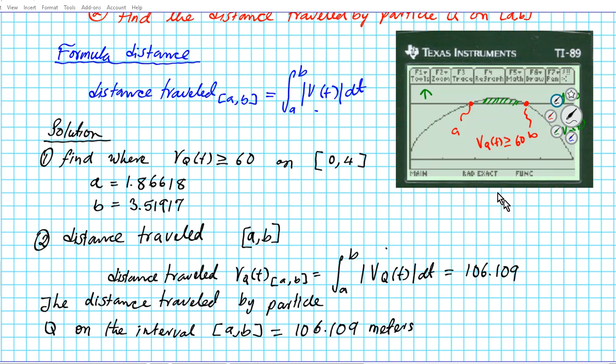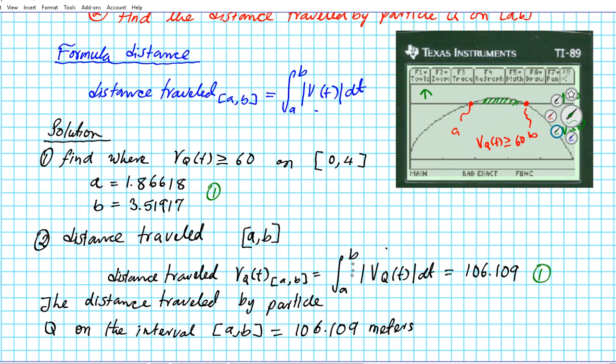Before we do that, let's talk about the scoring real quick. How is this scored on the AP exam? This particular problem is a 3-pointer, just like the last question that we're about to do. You get 1 point for finding this interval correctly, finding those two intersection points. You get another point for setting up your integral, this definite integral right here.